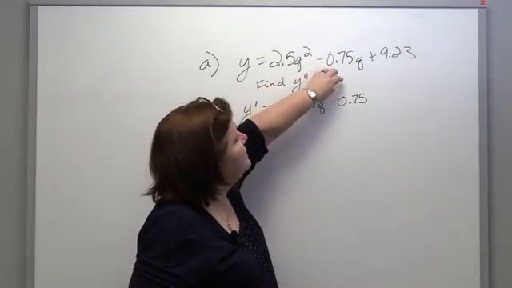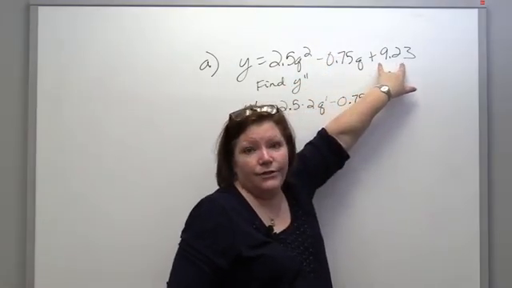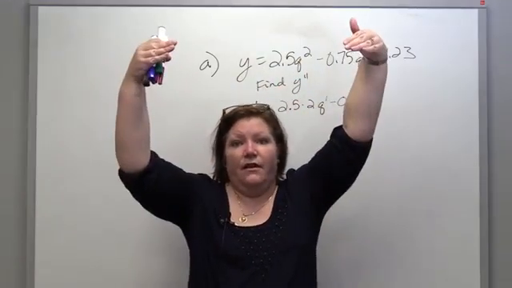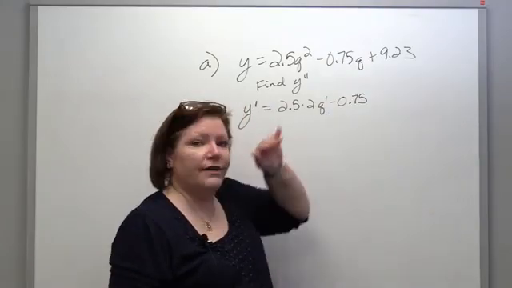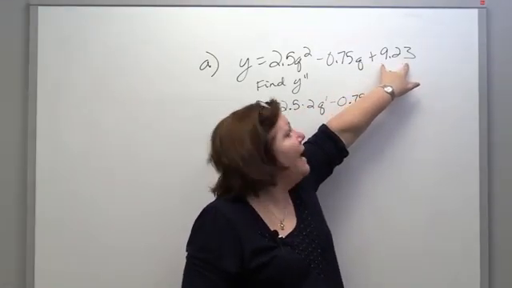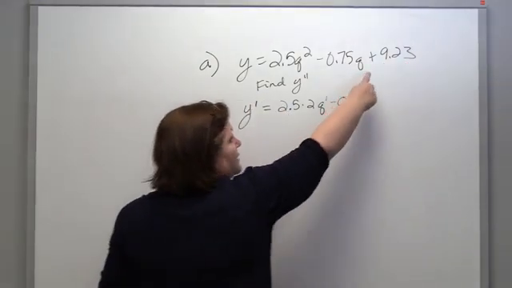One of the reasons we could think about this is adding 9.23 to this all it does is shift everything up. It doesn't change the shape of the graph. So the derivative is not affected by the fact that we added, or even if we had subtracted 9.23. So that is plus 0.